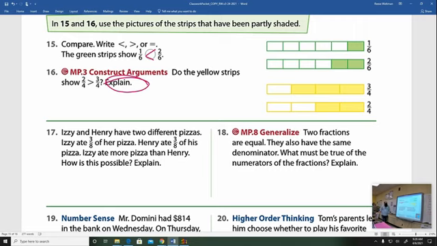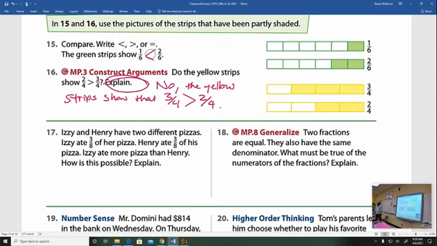Ian? No, the yellow strips show that 3/4 is greater than 2/4. That's right. No, the yellow strips show that 3/4 is greater than 2/4, right?